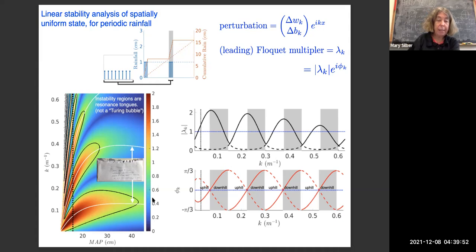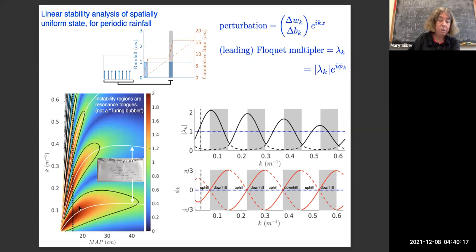So what's plotted here is the magnitude of the leading Floquet multiplier as a function of the mean annual precipitation and the perturbing wave number. The red regions are associated with instability, a Floquet multiplier bigger than 1 in magnitude. The black curves are where the Floquet multiplier is exactly 1, and the stable regions are associated with blue.